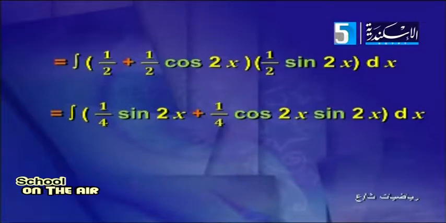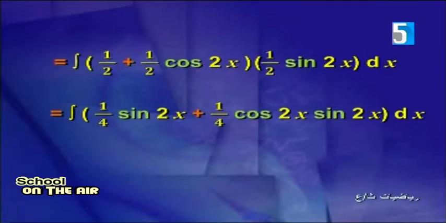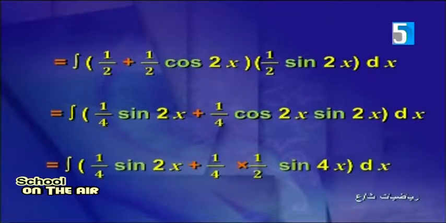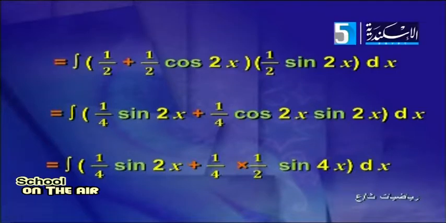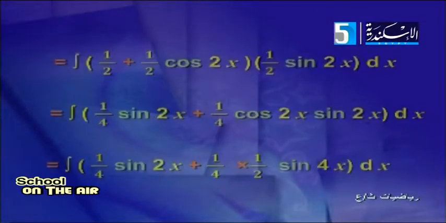And we know that sine 2x cosine 2x equals half sine 4x. Then the integration of quarter sine 2x plus quarter multiplied by half sine 4x dx. Now we have the integration of quarter sine 2x plus 1 over 8 sine 4x dx.